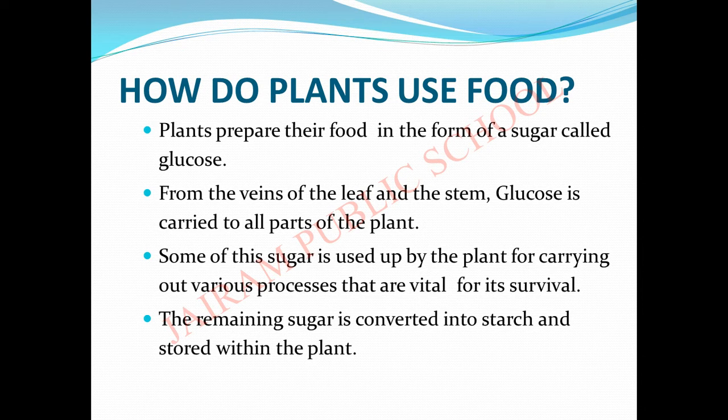Some of the sugar is used up by the plant for carrying out various processes that are vital for its survival. The remaining sugar is converted into starch and stored within the plant.